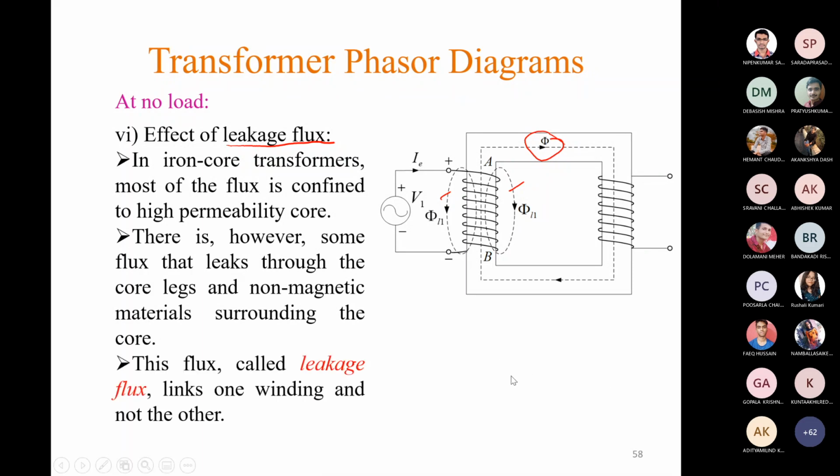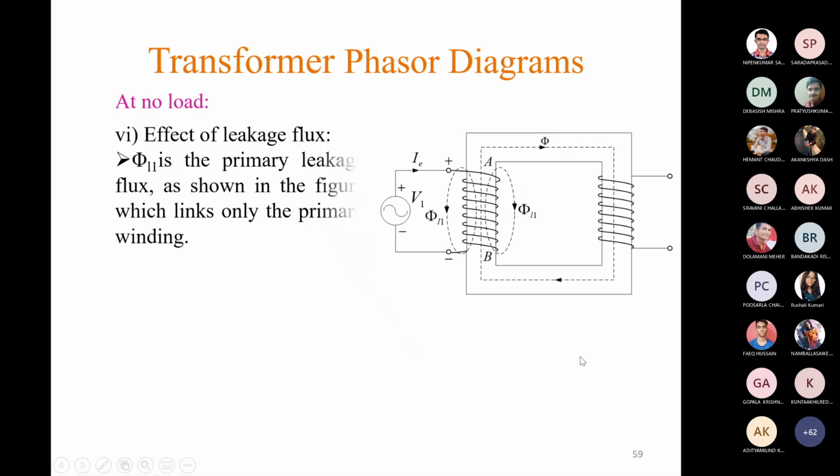Now we have to understand the behavior of this leakage flux. See, from the diagram we can see the mutual flux, this phi, is confined within the ferromagnetic core.